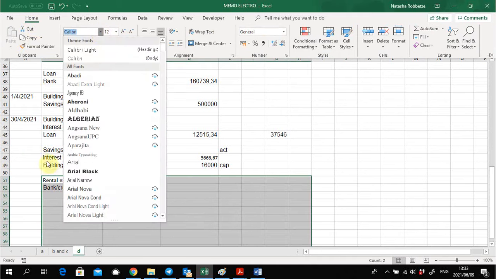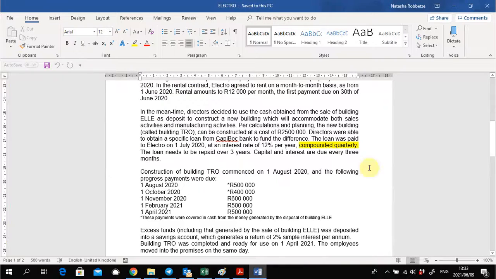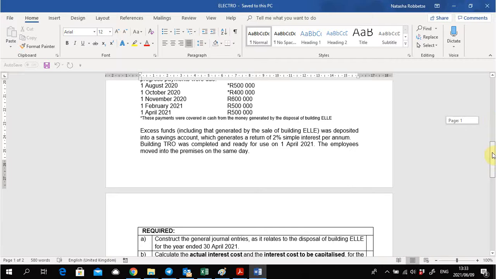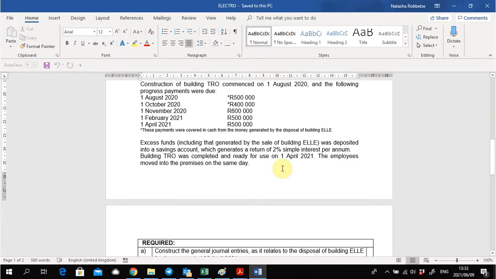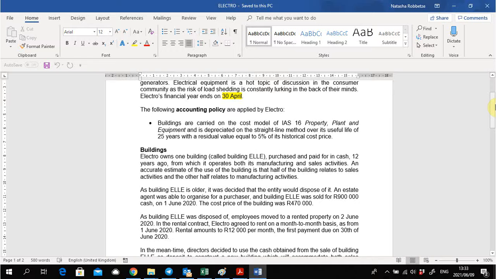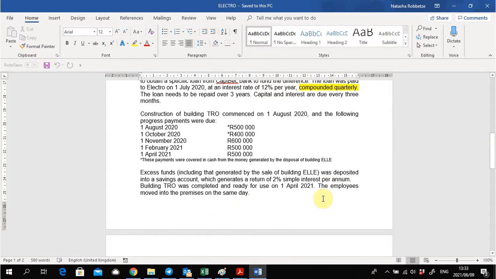And they tell us in the question that the first rental payment is due on 30 June and that they move into the new building on 1 April. So we had to pay 30 June, July, August, September, October, November, December, January, February, and March. April, we're not going to pay for April because 1 April we were already out. We were already moving into the new.